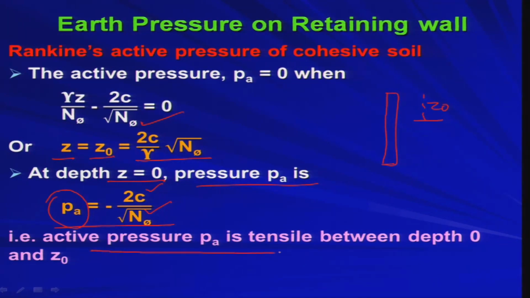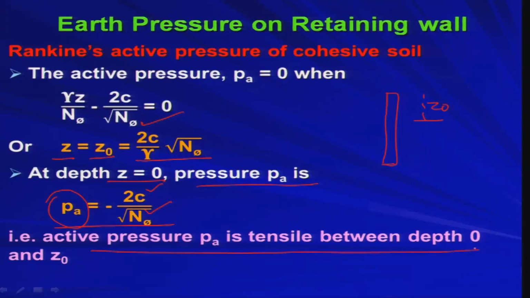That means the active pressure Pa is tensile, because we have considered that compressive stress is positive in soil mechanics, as I told you several times previously. So when you get negative pressure, it indicates that you are developing some tensile stress at the top of the wall. So active pressure Pa is tensile between depth 0 and z naught.